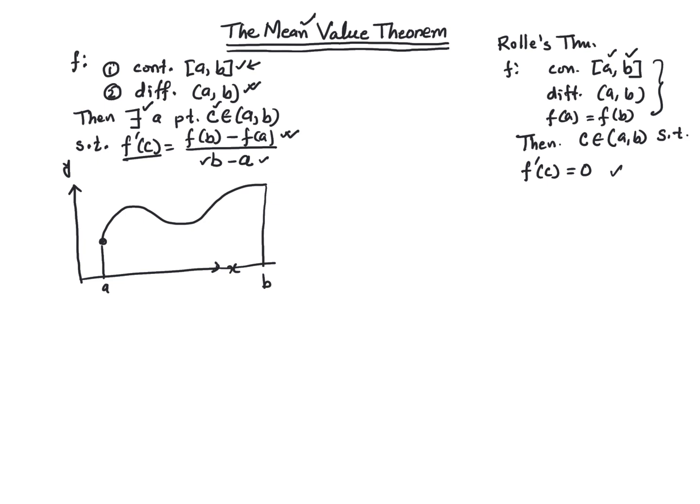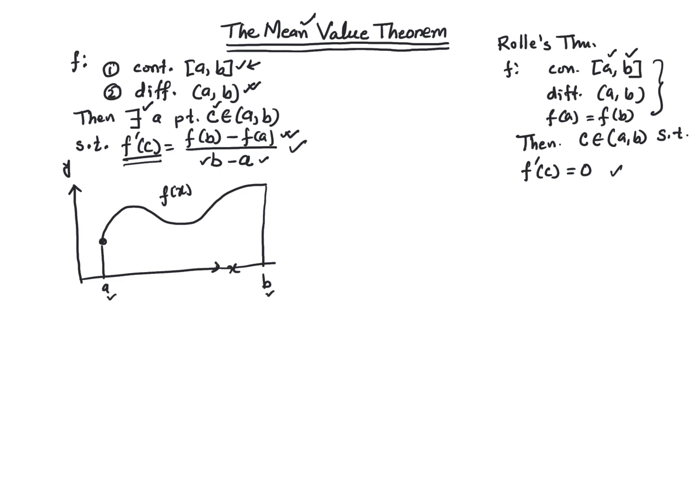So our function f, so this is my f of x, is continuous in the closed interval ab, and is differentiable in the open interval ab. Now we need to show that there exists f prime of c such that this equation is satisfied.